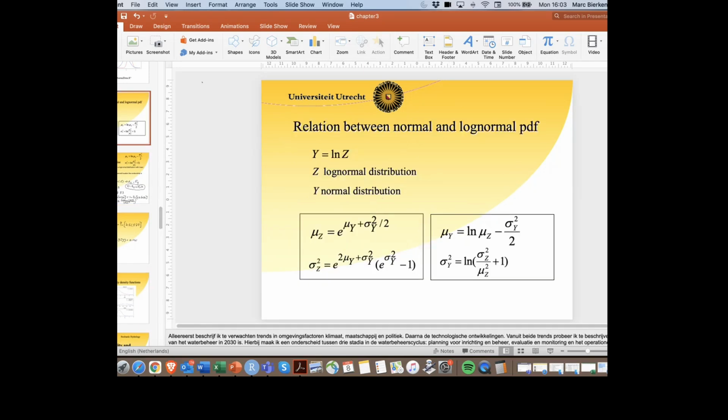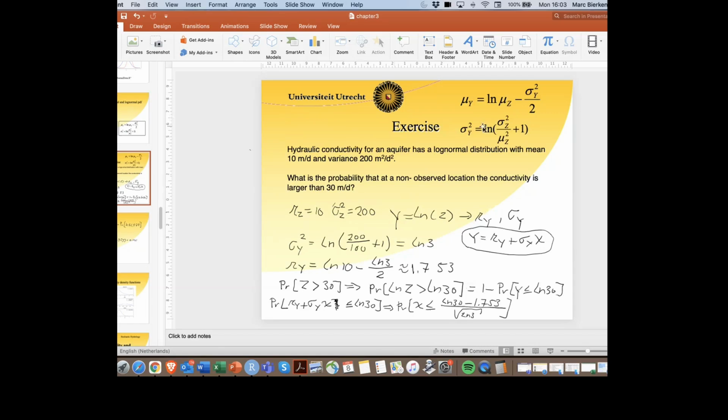Okay? So you see what we've done now is we used this transformation formula to get the mean and the variance of a Gaussian distribution. And then once we had that, we could use the relation between the standard normal distribution and any Gaussian distributed variable to calculate the probability that something is smaller or equal to a certain value for a standard Gaussian variable.